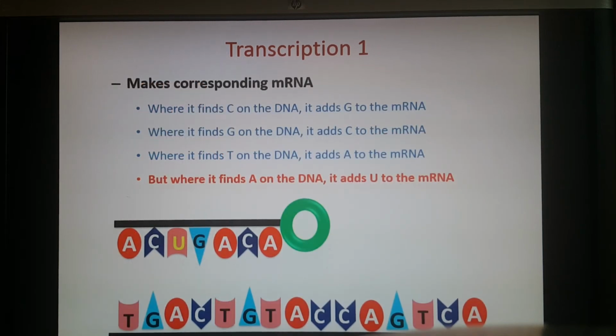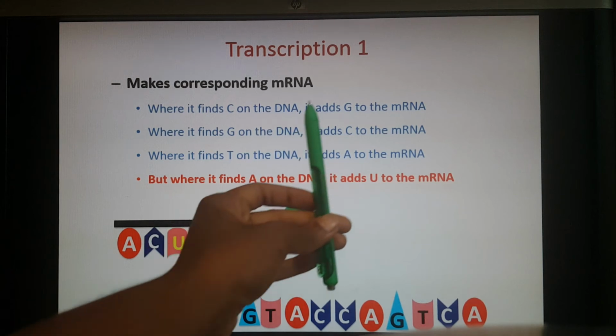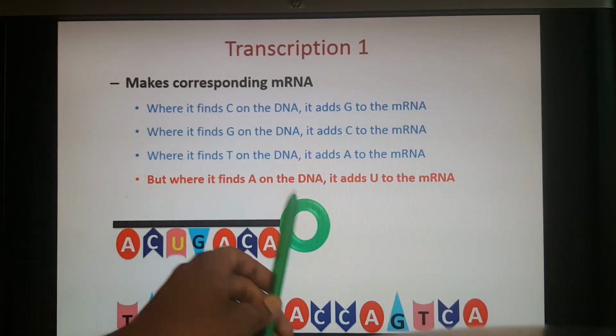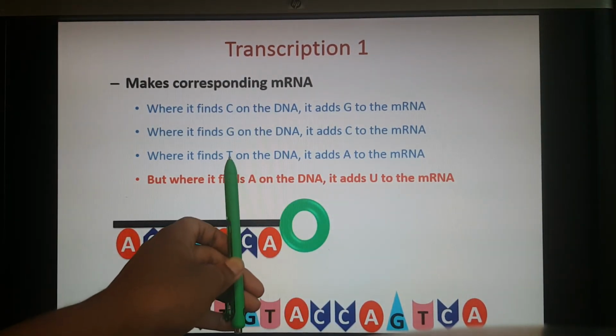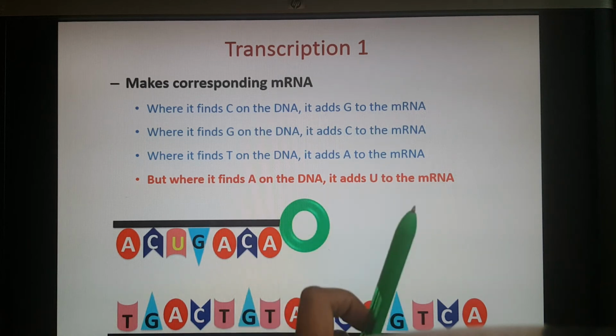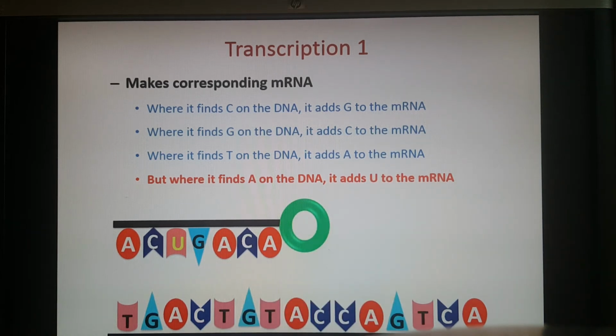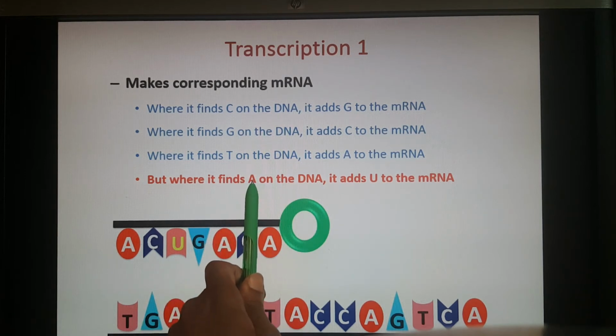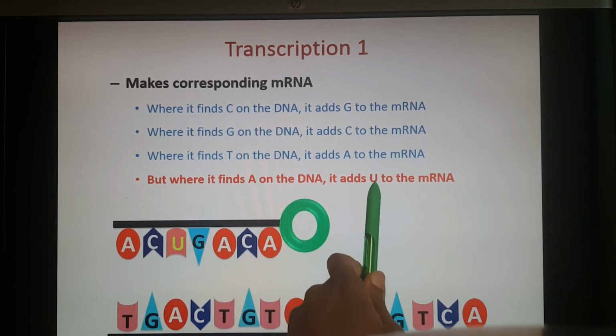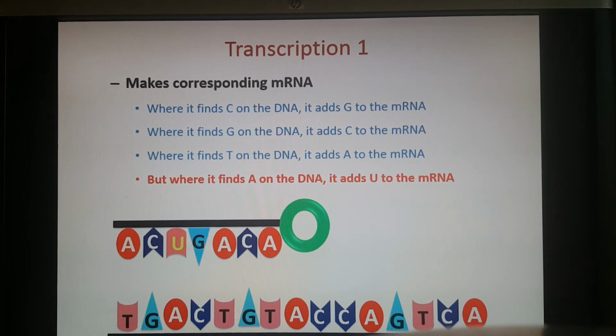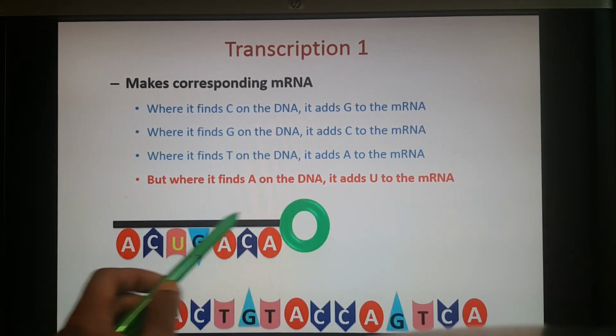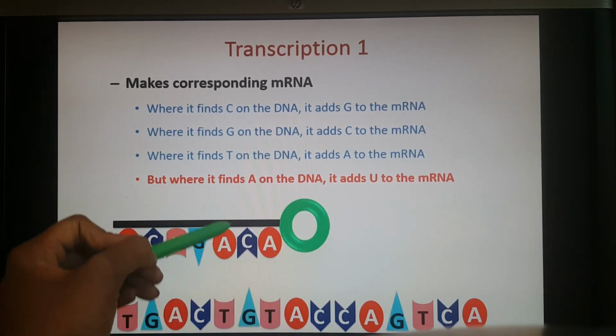So wherever it finds a C on the DNA, it'll add a G. Where it finds a G, it'll add a C. And where it's a T, it'll add an A. Again, the difference between base pairing for DNA versus RNA is that when there's an A, it'll put a U instead of a T. So here's a little green RNA polymerase going through and making the pairing.